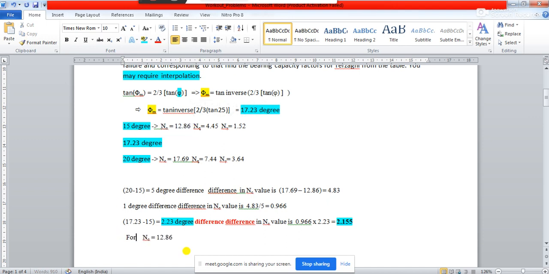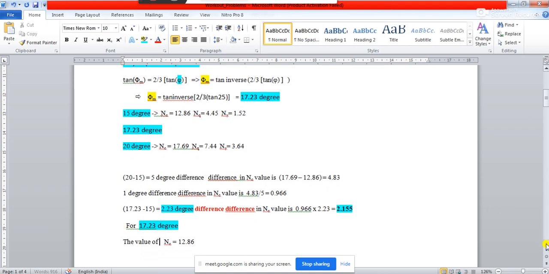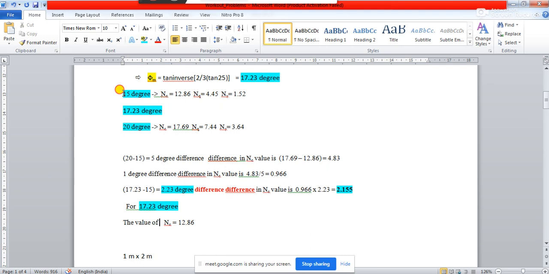So for 17.23 degree, the value of NC will be whatever is the value for 15 degree, and to that you should add this difference value, that is 2.155.